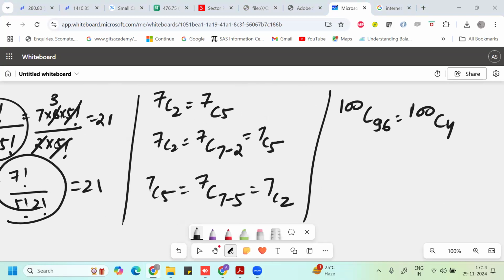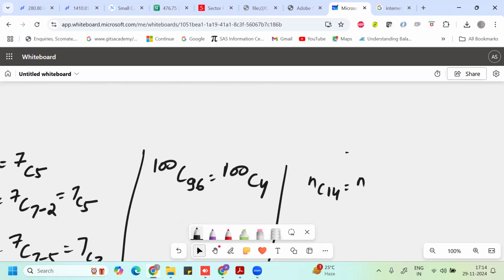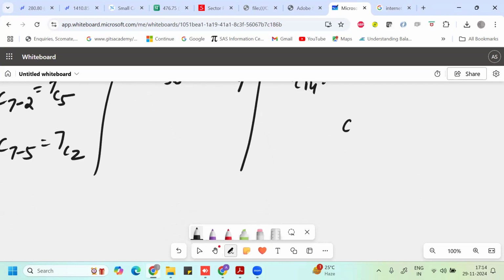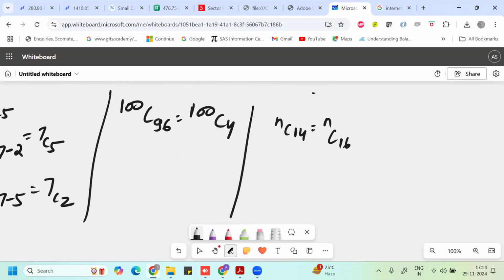Here in the question it is given that nC14 is equal to nC16. So I can write nC14 is equal to nC(n minus 14), and that is equal to nC16.